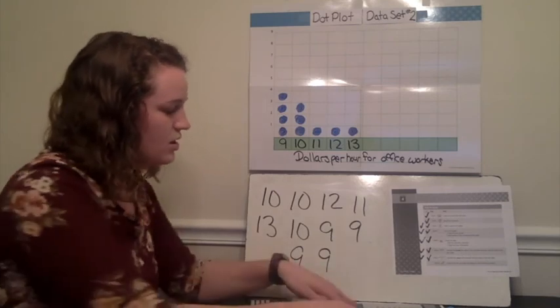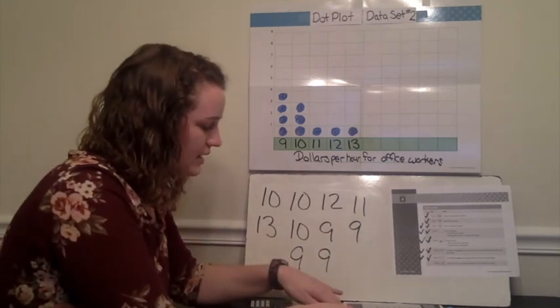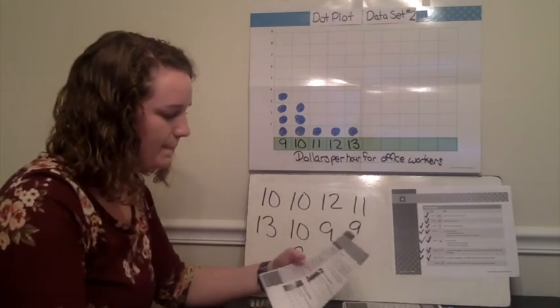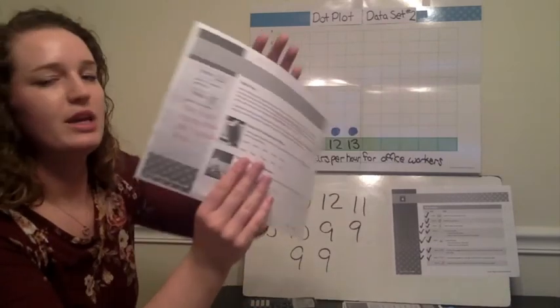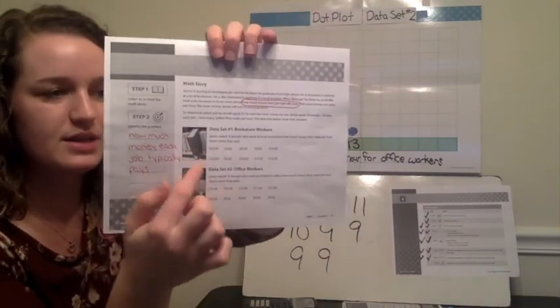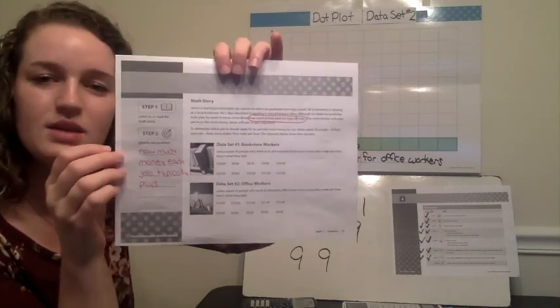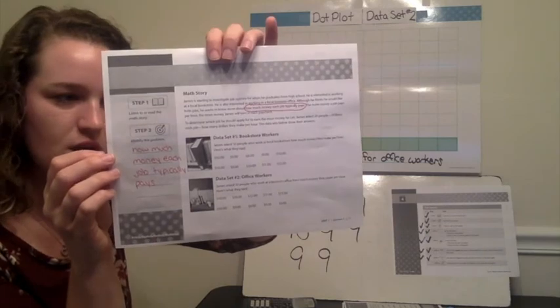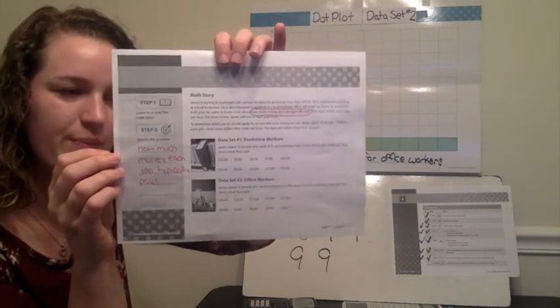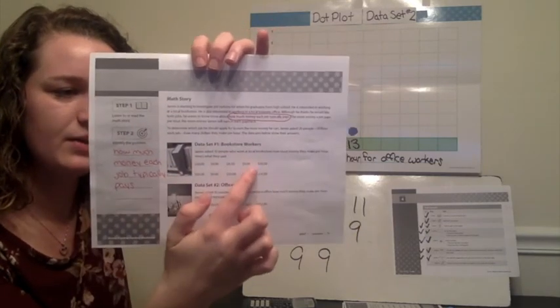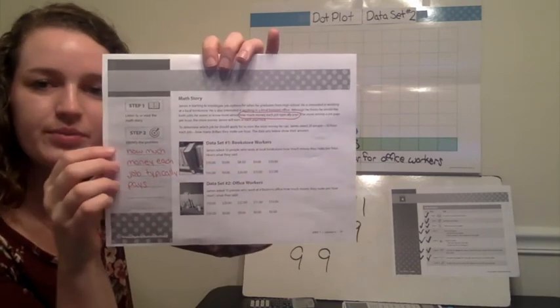Okay, so we're going to look at our data set again. So this is page 15 with the story and our data sets. If we look at data set 1, do they pay someone $9 per hour? Do you see anyone that says $9 on here?